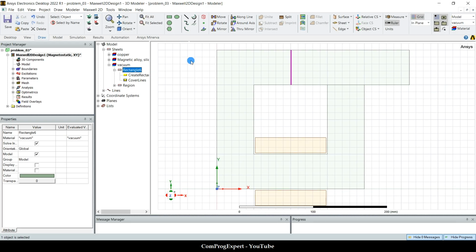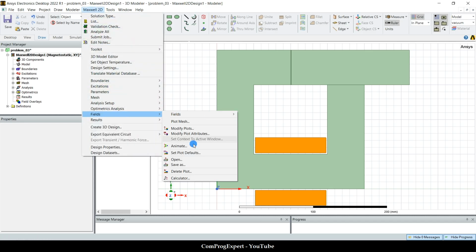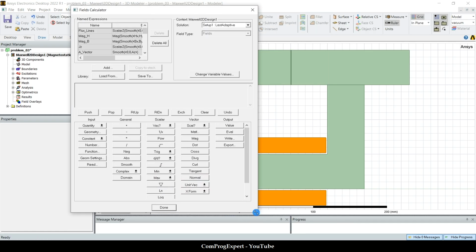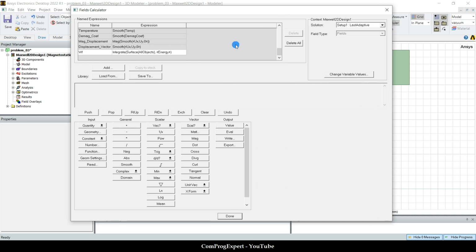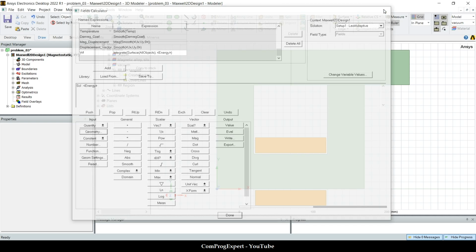And I can calculate the stored energy in the calculator, the stored energy for the iron parts. Here, this is the total energy we calculated. So let's select the energy, and here from the geometry I should select iron parts.